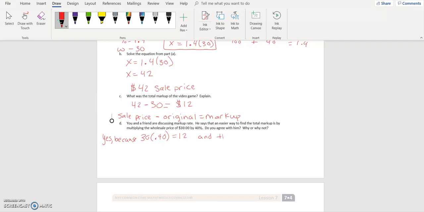And so therefore the markup rate is 40% of, and that word of means to multiply, 40% of the original, which was $30. And that means to multiply.